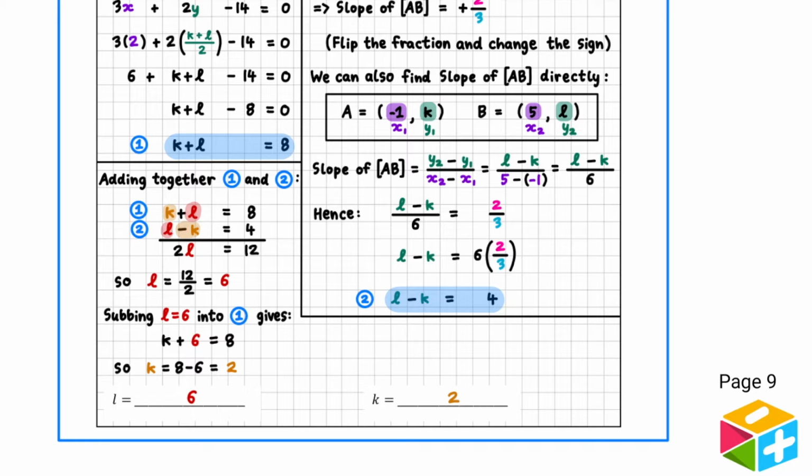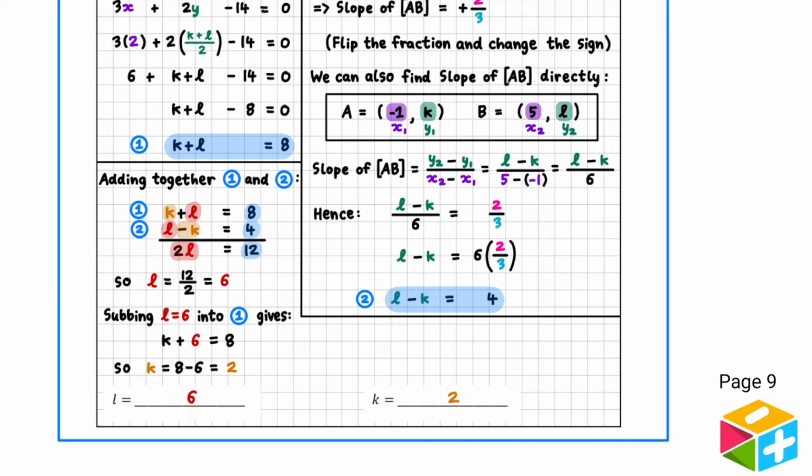L plus L is equal to 2L, and 8 plus 4 is equal to 12. So we end up with 2L is equal to 12. Dividing both sides by 2, we obtain L is equal to 12 over 2, which is 6.